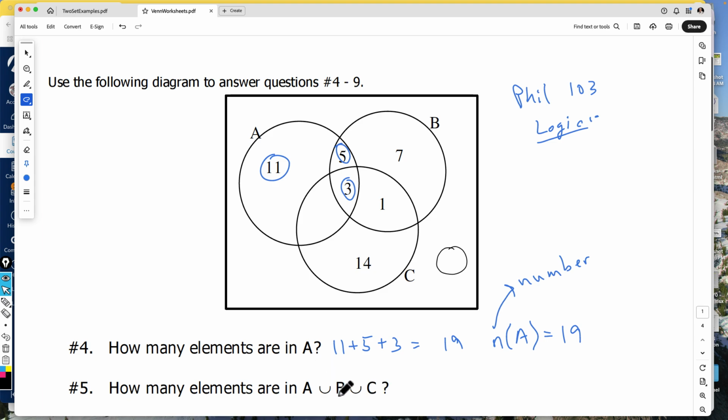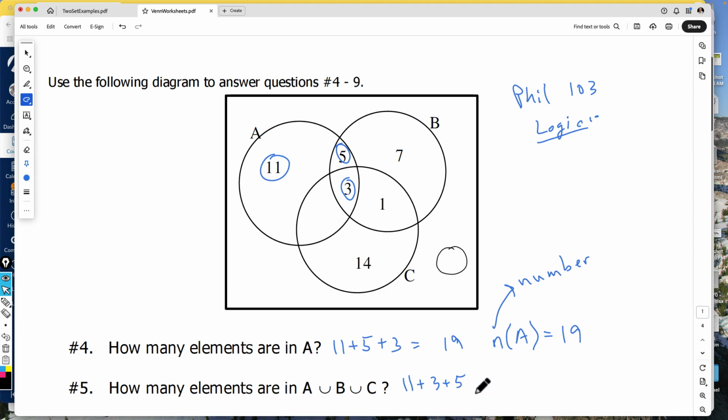So how many elements are in A union B union C? How would we calculate that? We would add them all together. 11 plus 3 plus 5.